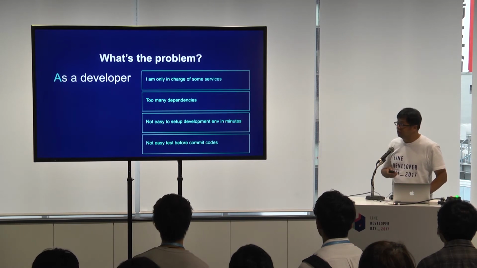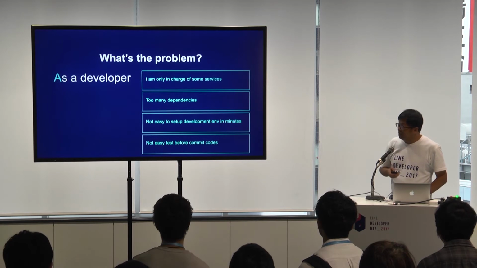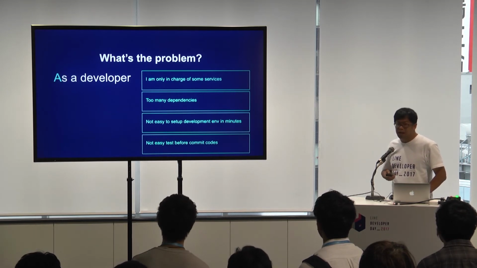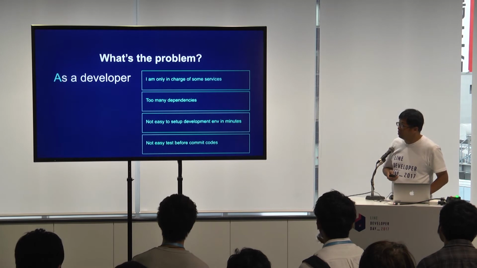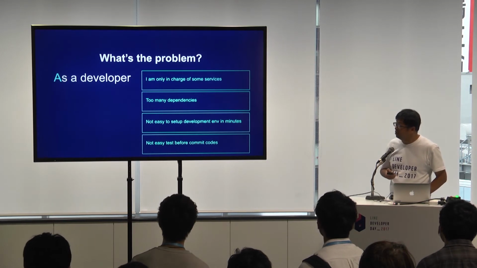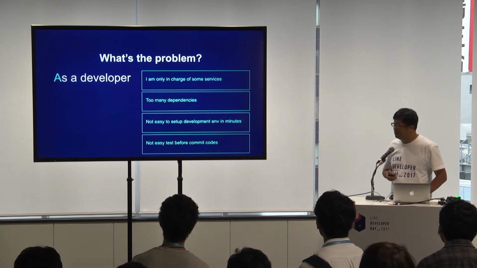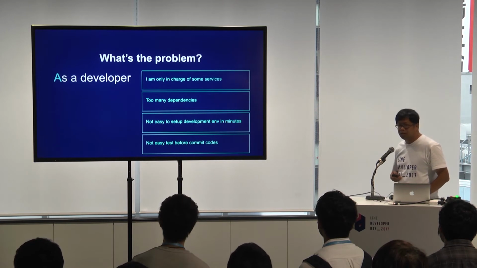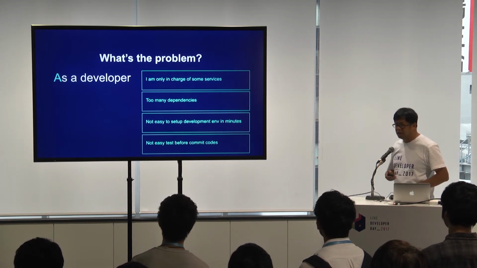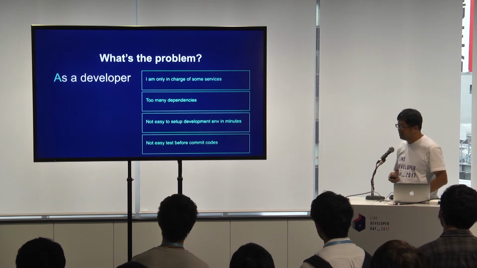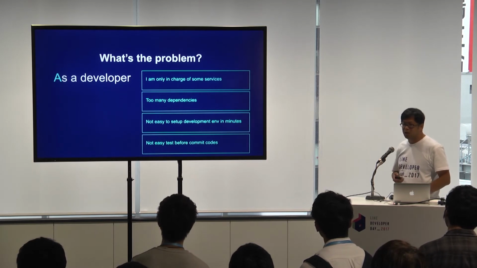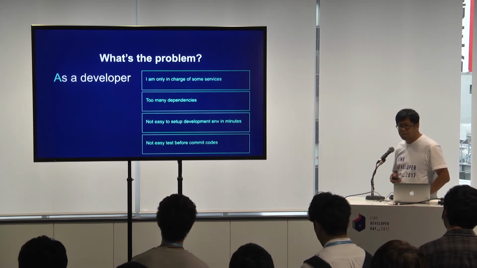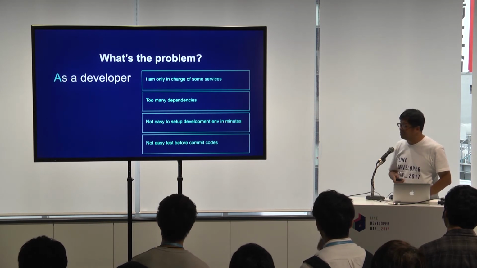For example, the user service might depend on the database or another service, and the payment service might depend on another service. So it's difficult for us to set up a development environment that contains everything. When I'm developing the user service, it's not easy to test all the dependencies on my computer before I commit the code.